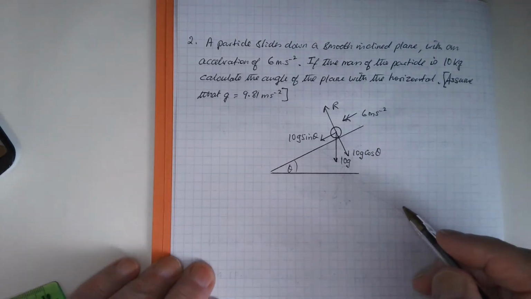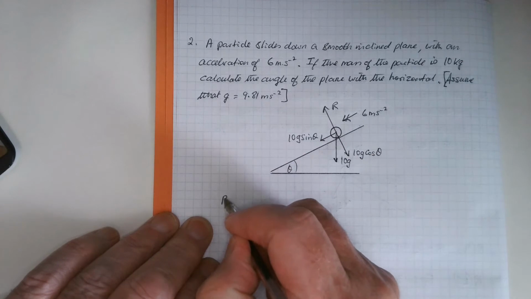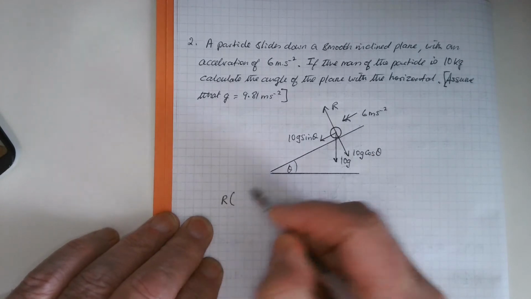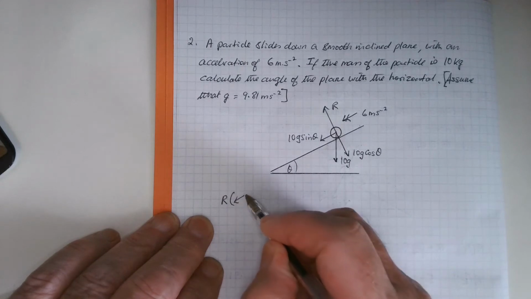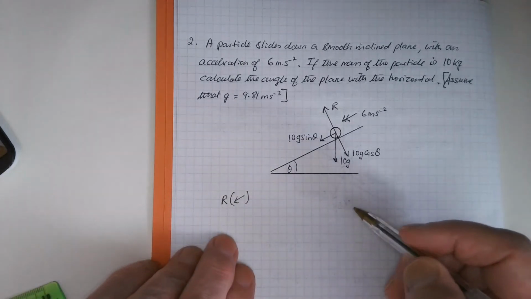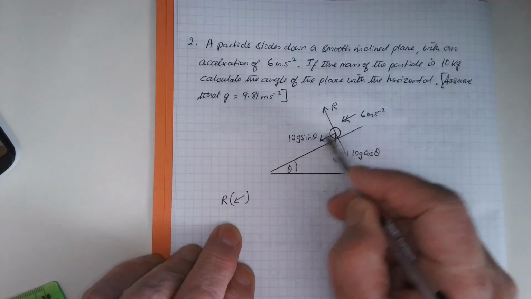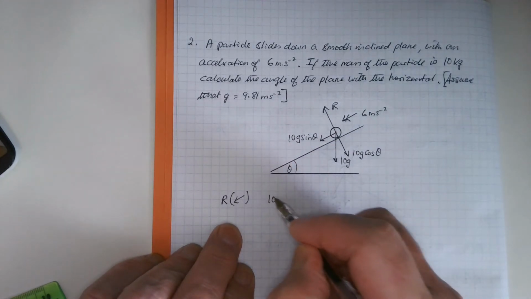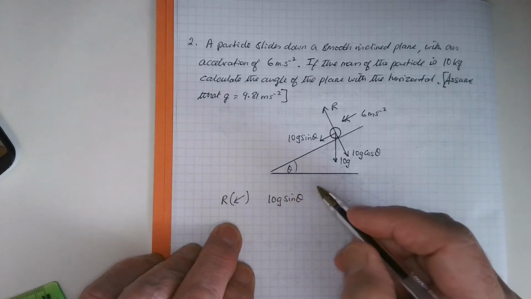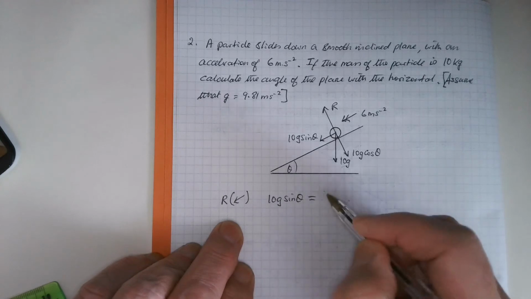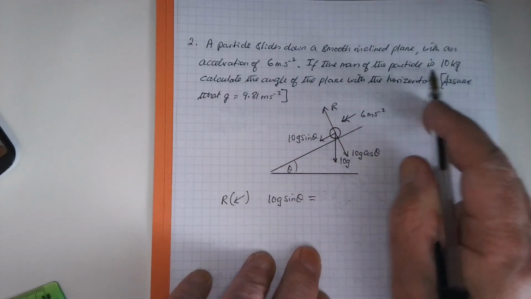Okay, so what do we do? Well, I'm going to resolve the force in this case, but I'm only going to consider resolving the forces down the plane, with downward as positive. So resolving forces down the plane, I've got the resultant force, well, it's just 10g sine theta, and that is equal to the mass times the acceleration.